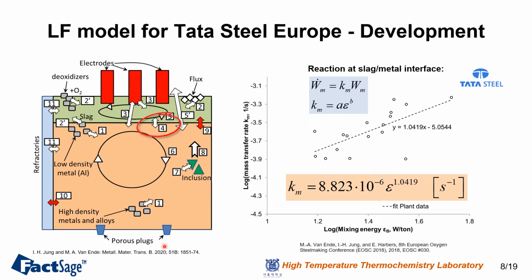As I mentioned before, if you are injecting the gas through the porous plug here, it can promote more mixing on the steel side, and it can change the mixing energy, and that mixing energy can influence the mass transfer coefficient. And this data set is obtained from Tata Steel by using plant sampling. And by using those kinds of sampling data, we can make our own mass transfer coefficient depending on the mixing energy equation here.